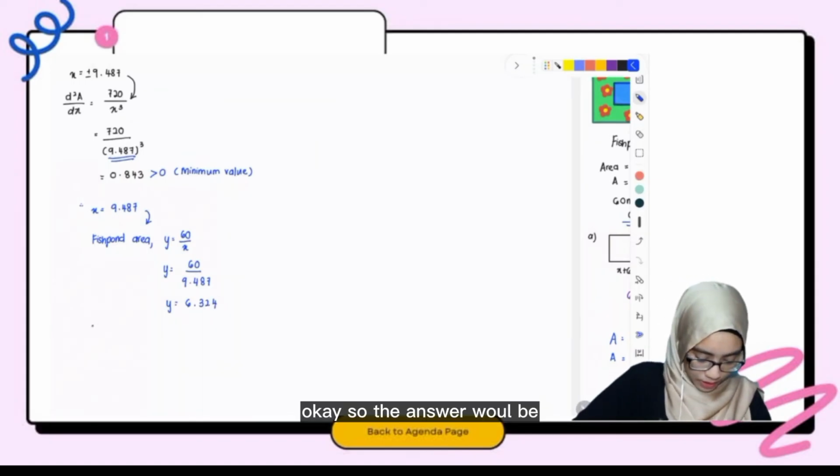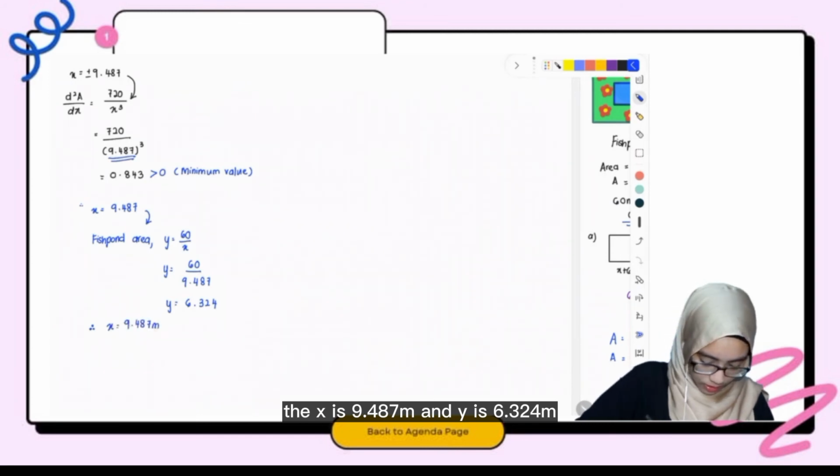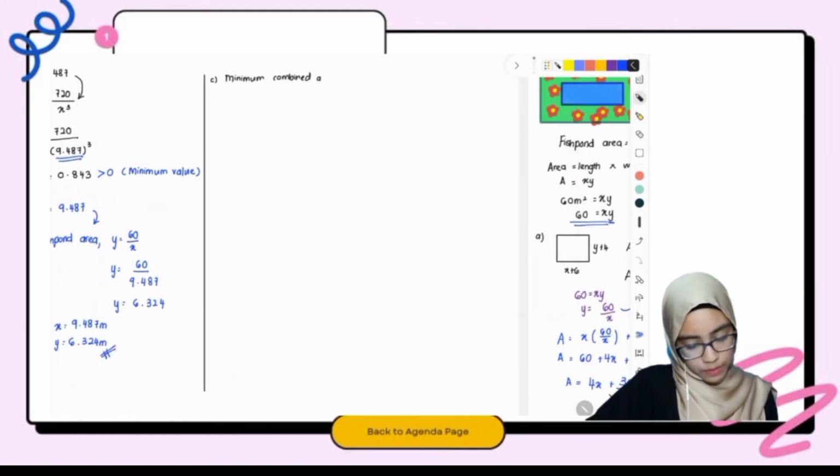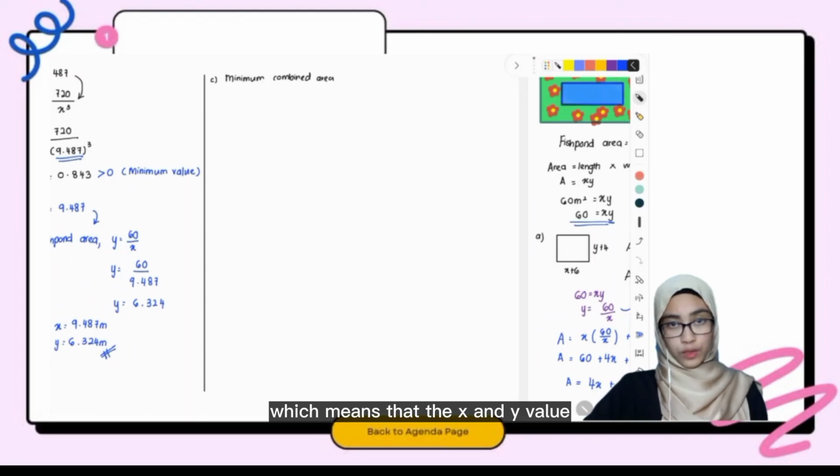So the answer is x is 9.487 meters and y is 6.324 meters.